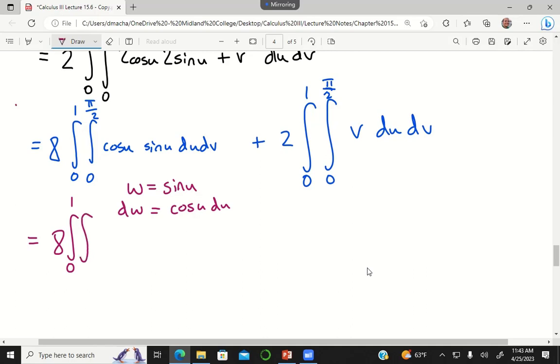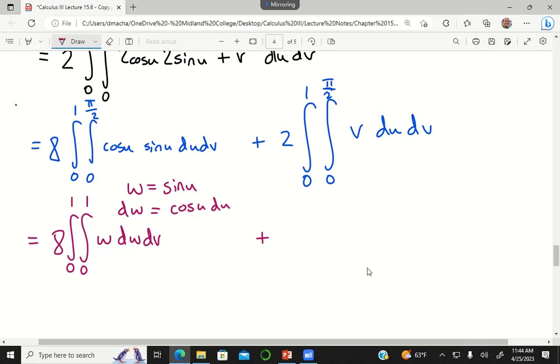What's my lower bound now? Sine of 0 is 0. And then my upper bound, sine of pi over 2, is 1. Okay, my new integrand is w, and then I have dw dv.